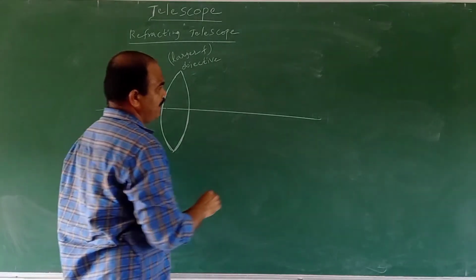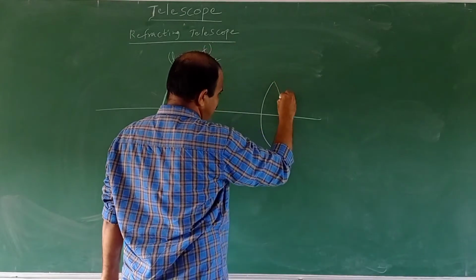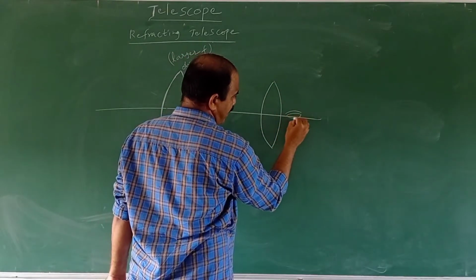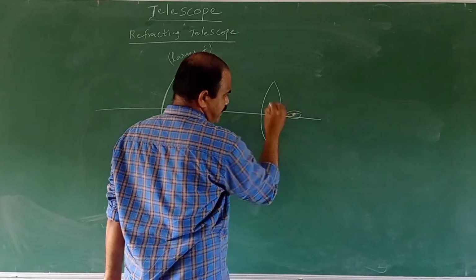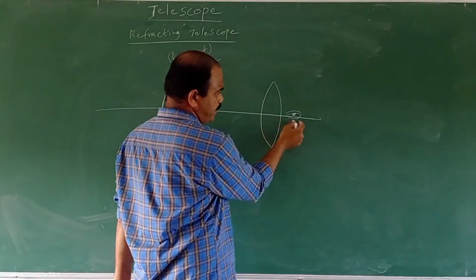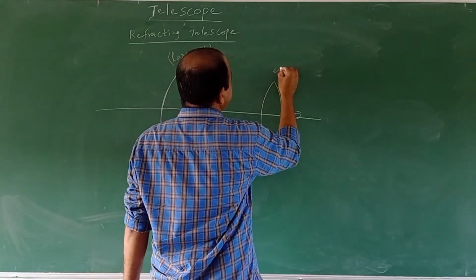Next, the lens which is towards our eye. This is also a convex or converging lens. That lens is called the eyepiece.